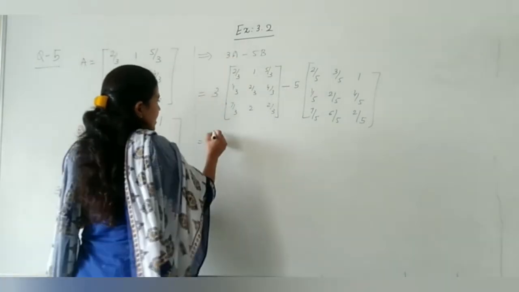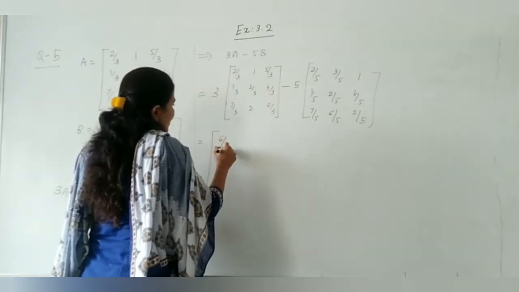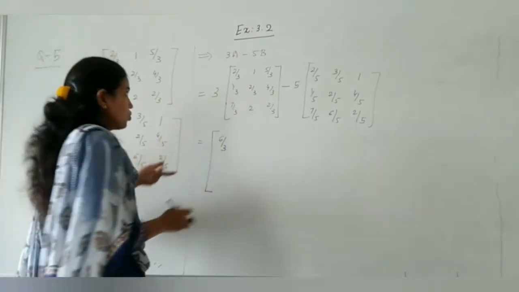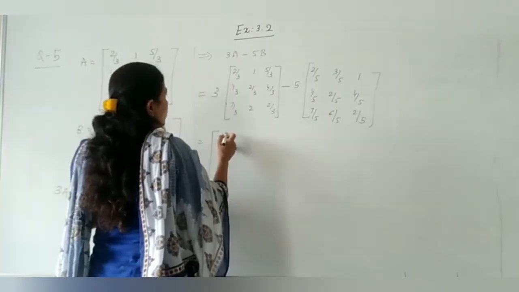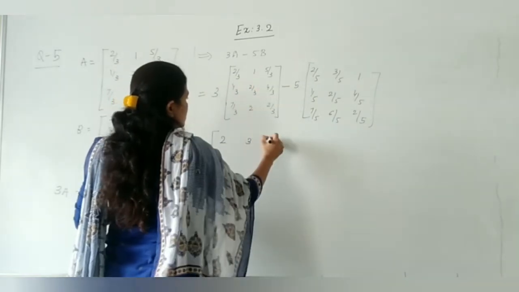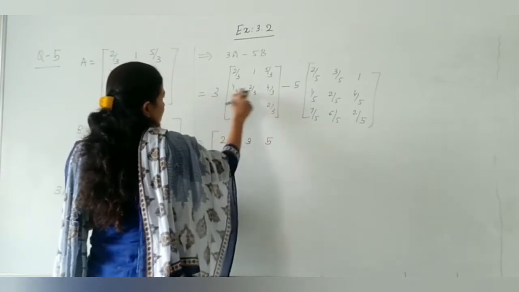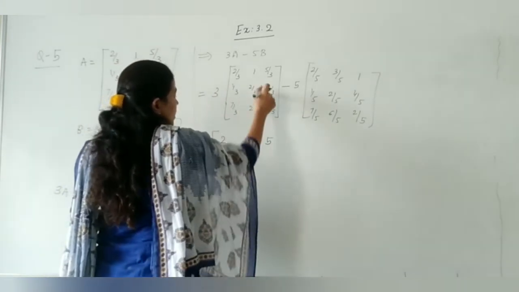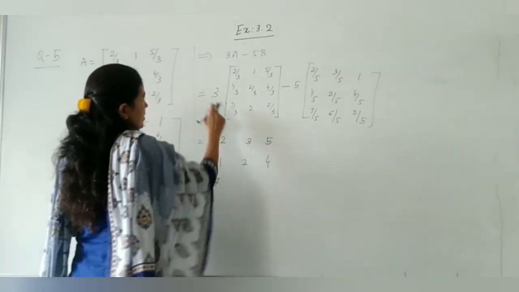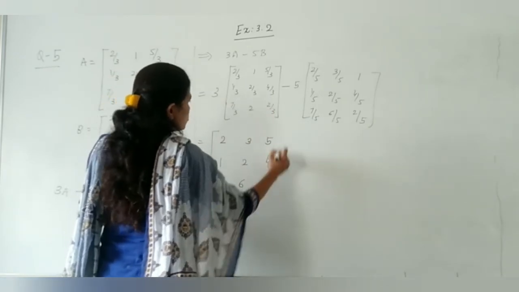Then 3 2s are 6 by 3, or directly you can write 6 by 3, that is 2, because 3 3 cancel. 3 1s are 3, here 3 3 cancel, so 5. Here 3 into 1 by 3, so 1. 3 into 2 by 3, so 2. 3 into 4 by 3, so 4. 3 into 7 by 3, so 7. 3 2s are 6, 3 into 2 by 3, so it is 2.